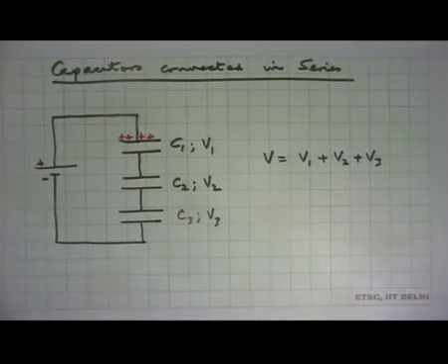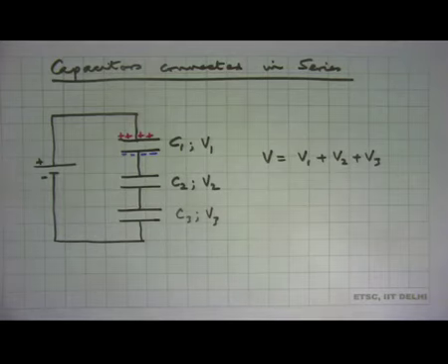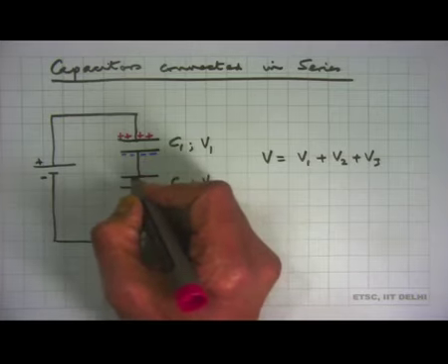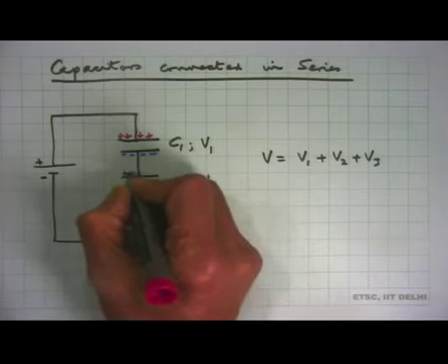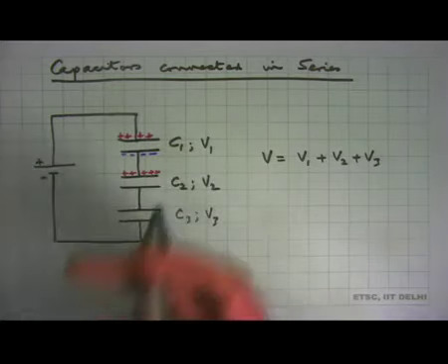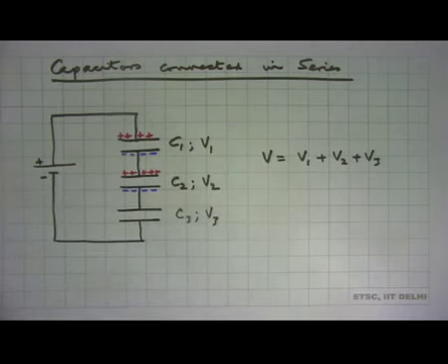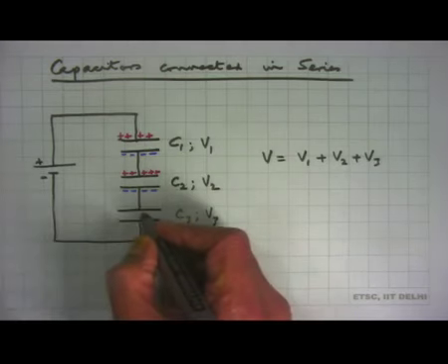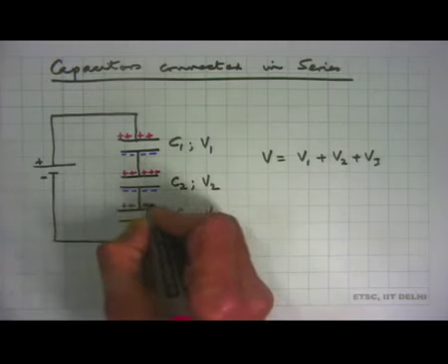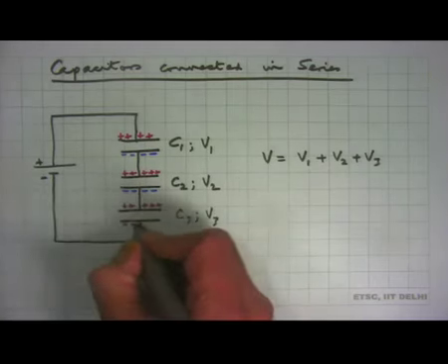This induced positive charge creates a negative charge on the lower plate of C1. This negative charge on the lower plate of C1 is created by pulling electrons from the upper plate of C2, which then gets positively charged, and this makes the lower plate of C2 negative. This negative charge pulls the electrons from the upper plate of C3 and leaves it positively charged, which then makes the lower plate of C3 negatively charged.